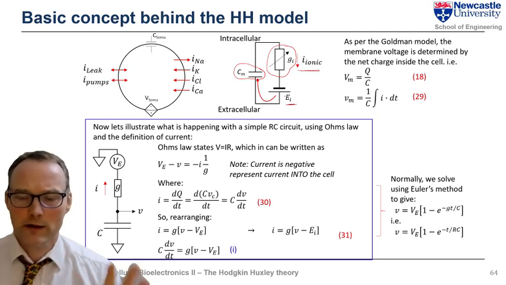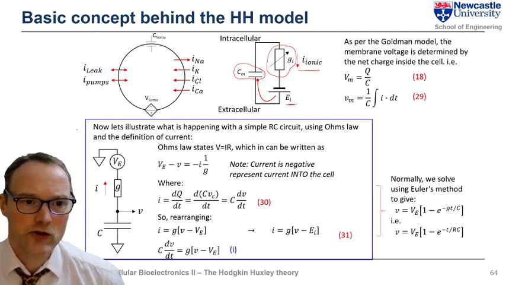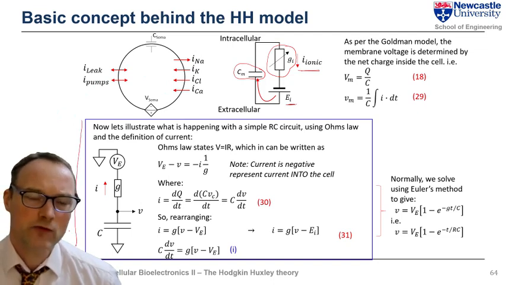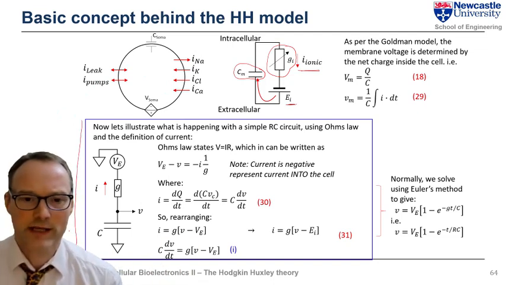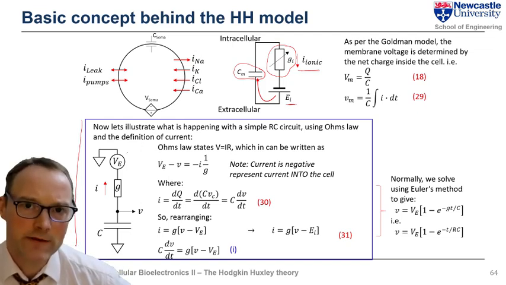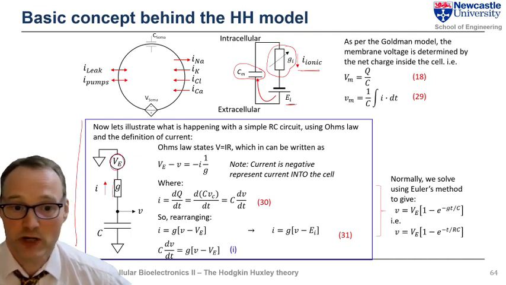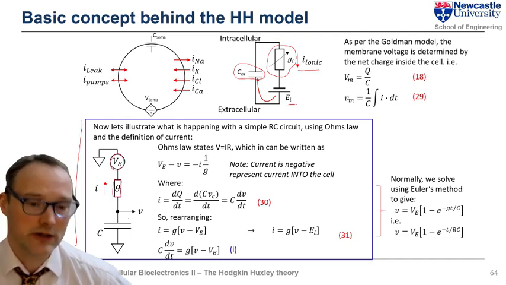Now, to kind of work this out, let's think of this structure here. And this is really simplifying it. Forget about neuron cells and so forth for a minute. But let's consider a very, very simple situation. Let's imagine that there's a voltage source. We've got a resistance, which is actually a conductance.